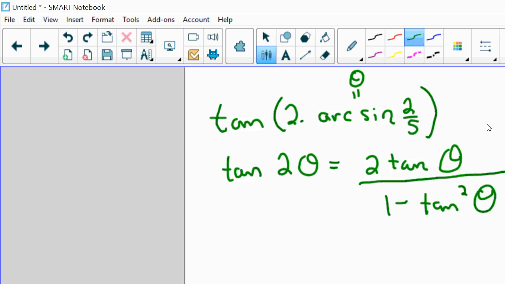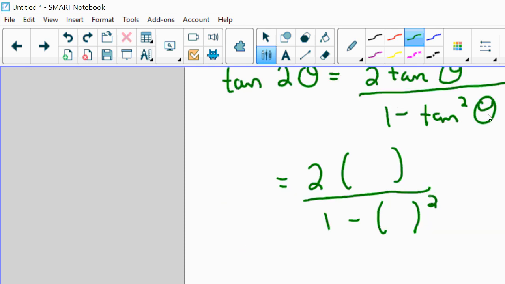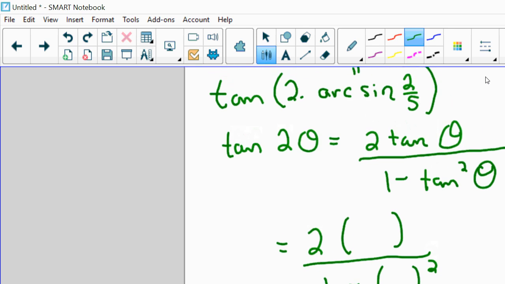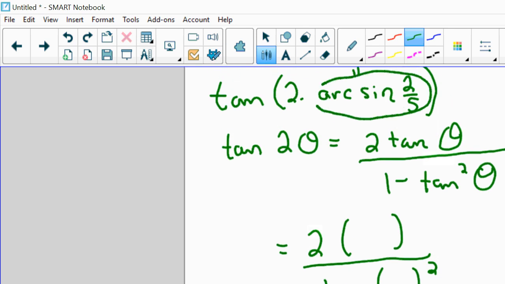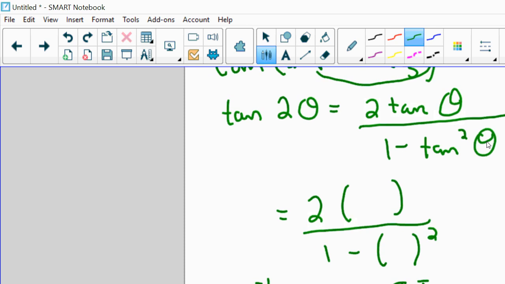So what we need to do is a little side work, because we need to figure out tangent. But you're starting to figure out that basically it's inverse sine of 2/5 equals theta, and your answers can only lie in first and second. But then you've got sine theta is 2/5, and sine theta is positive in the first and the second.